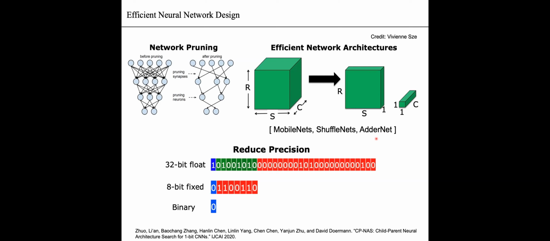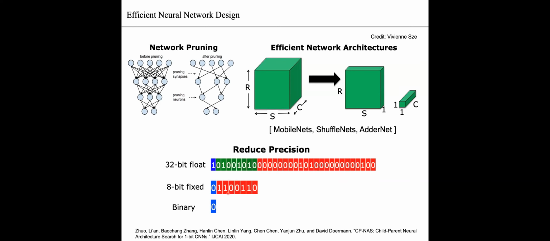And the third direction is we can reduce the precision of the network. Typically, we are using full precision, that is 32-bit floating point operations. But we can do some quantization, reducing the precision maybe to 8 or 4 bits, right? This reduces the compute and also the memory footprint.